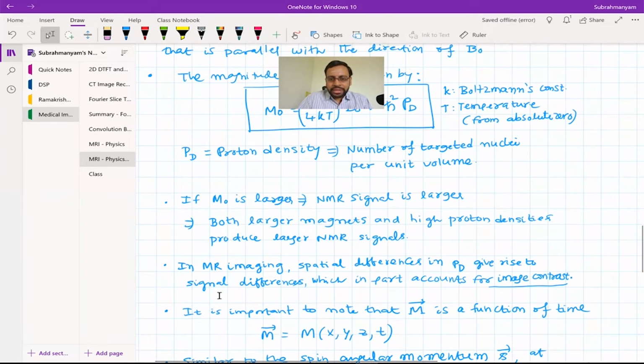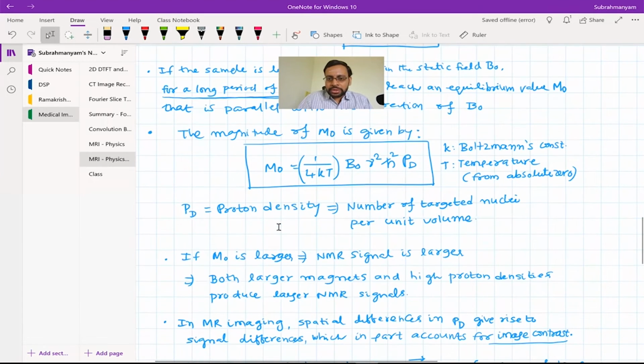Right, that's what I'm saying here. You could see that with larger values of B naught and larger values of PD, proton density, you get a higher M naught signal. And of course when imaging, your applied magnetic field B naught is constant for both tissues, so this is affected only by the PD term, proton density.